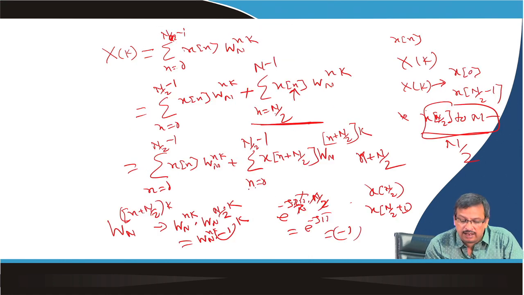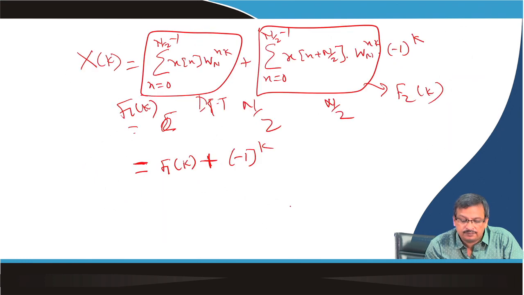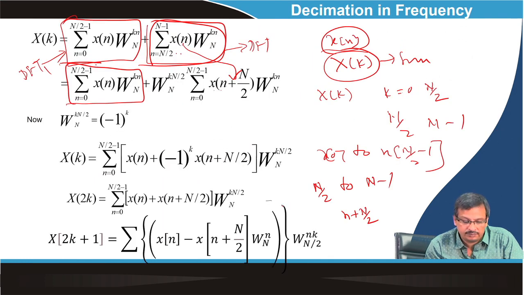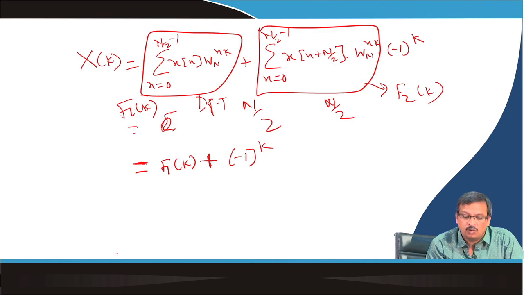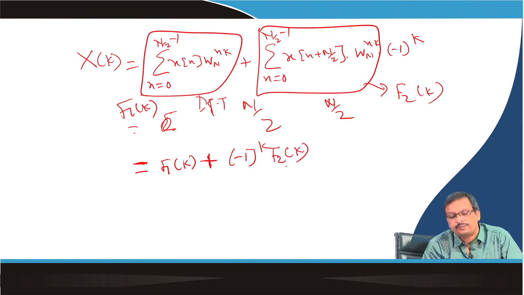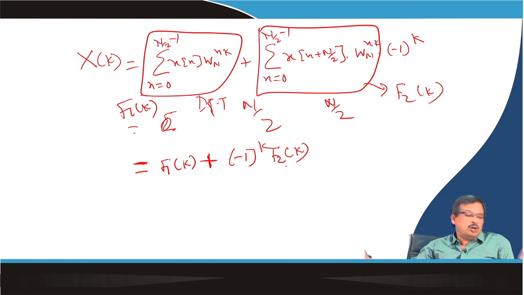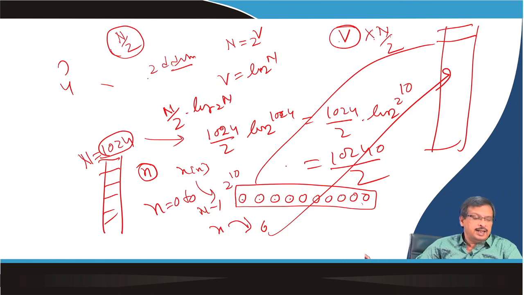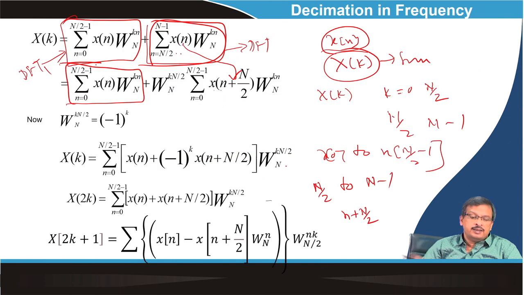So, there will be another term, I forgot it. Okay, let us see this one, F2[k]. So, I write down F1[k] is nothing but this part.